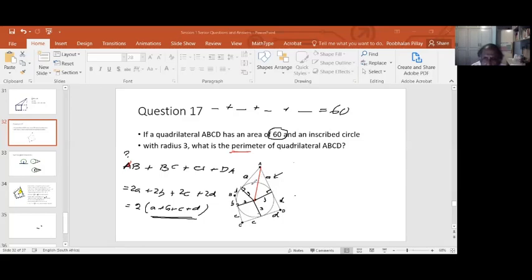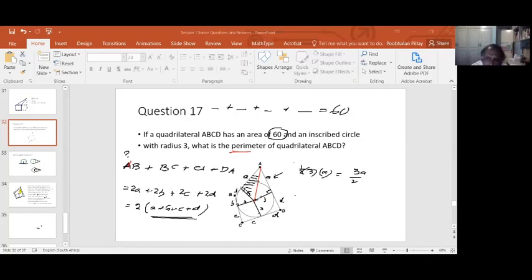This quadrilateral has got 2 pieces to it, right? As we said earlier on, if you take this piece here, the area of that is a half base, which is 3, times the height. It's a right angle triangle. So the area of this piece is 3a over 2, or half of 3a.